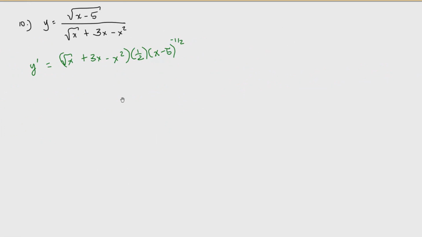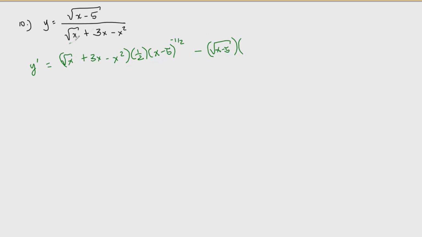And then subtract this with the remaining of the quotient rule, so we get square root of x minus 5 and then the derivative of our denominator. So this is something like the sum and difference of three terms. So we will be differentiating them one by one.